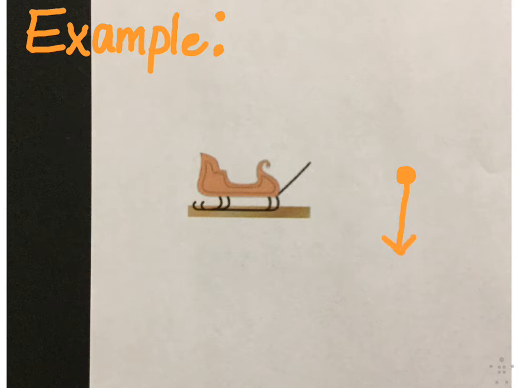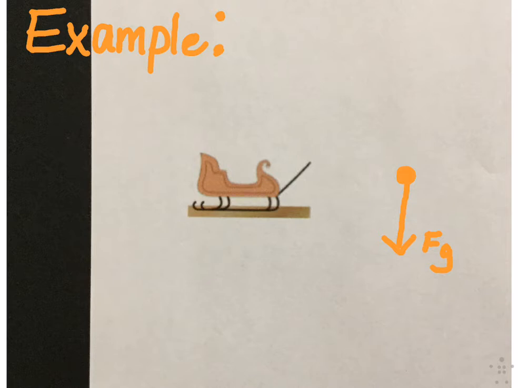That's why it's sitting on the surface of the Earth. So there's gravity. Next one that we have is applied force. And based off of this picture, there is nothing pulling the sled as of right now. So there would be no applied.